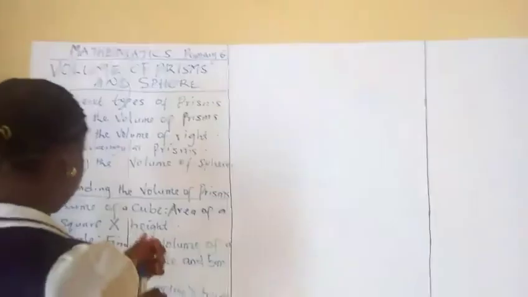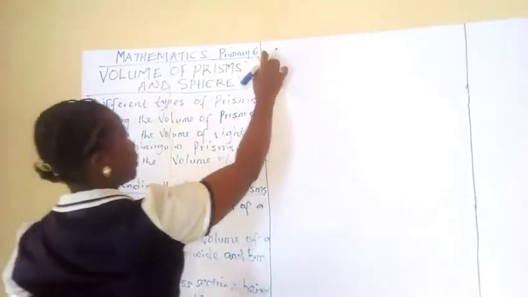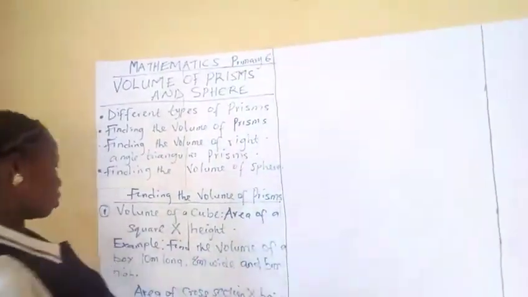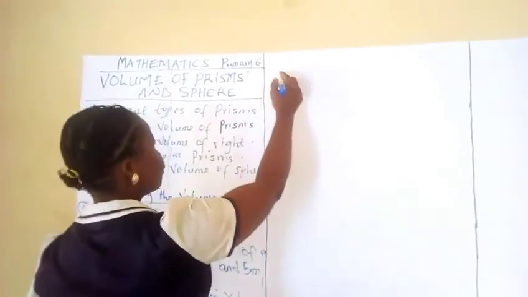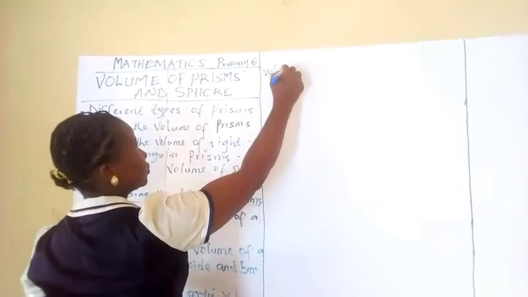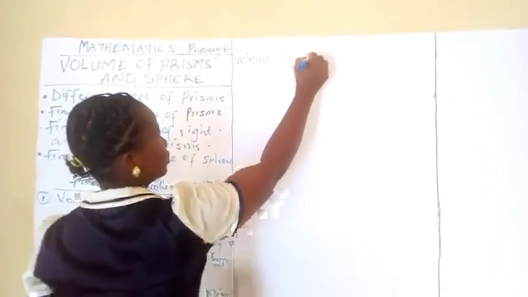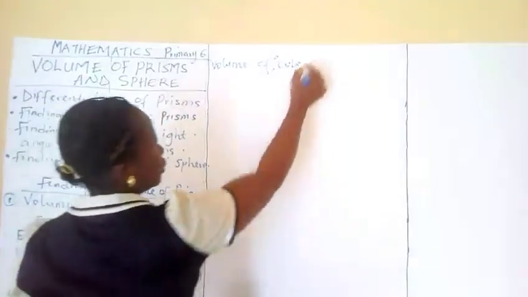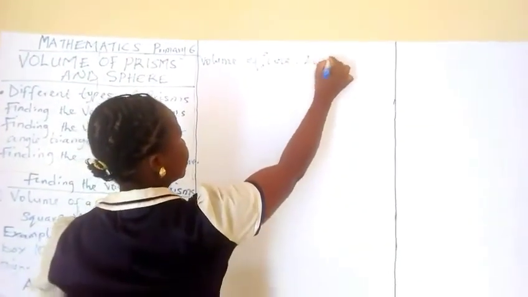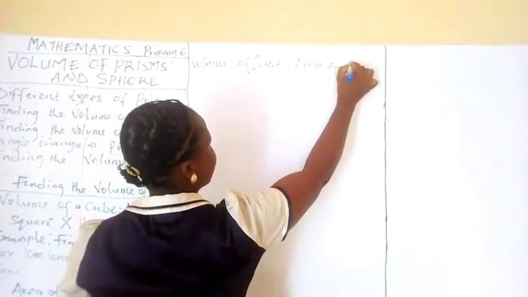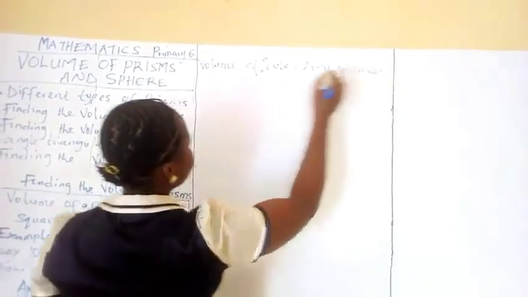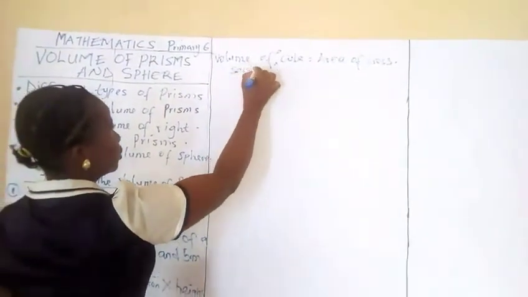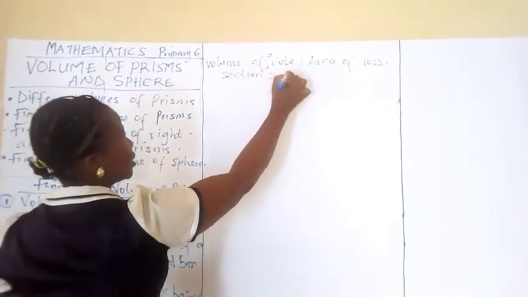Now, solution. Remember to always write your formula. We have volume of a cube equals area of cross section, or you can say area of end, like I said before, times height.